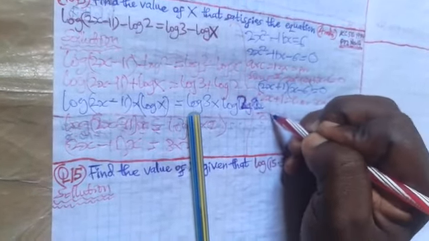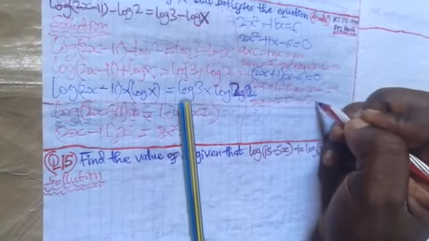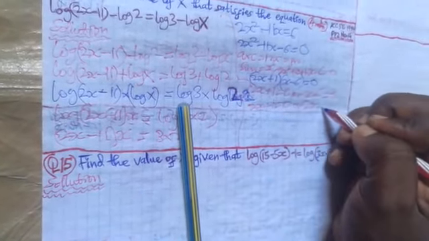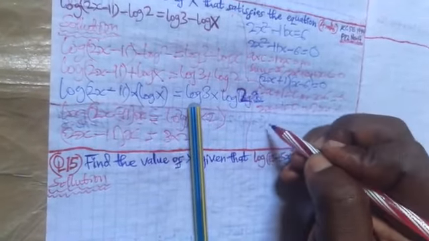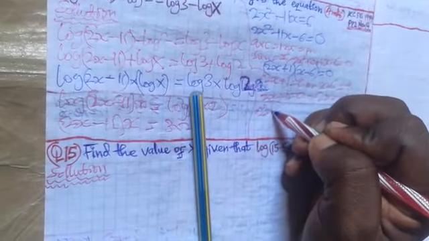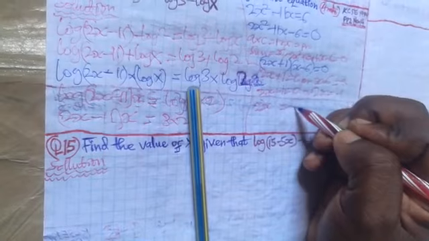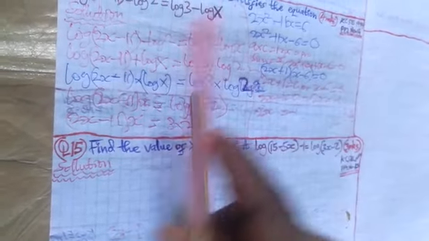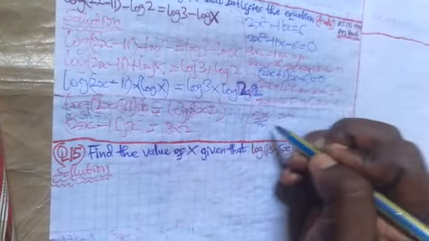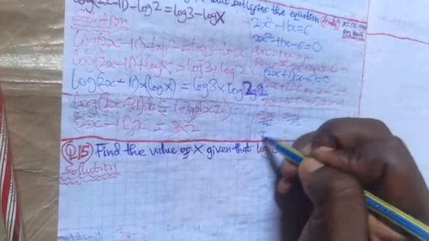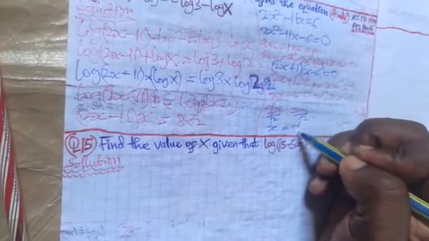Now 2x plus 1 is equal to 0, or 2x is equal to negative 1. To get x, you have to divide both sides by 2. Hence x is negative 1 over 2.